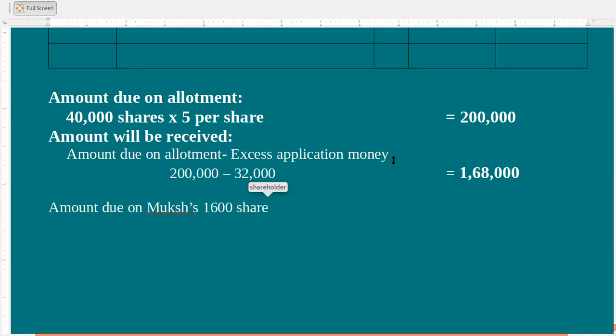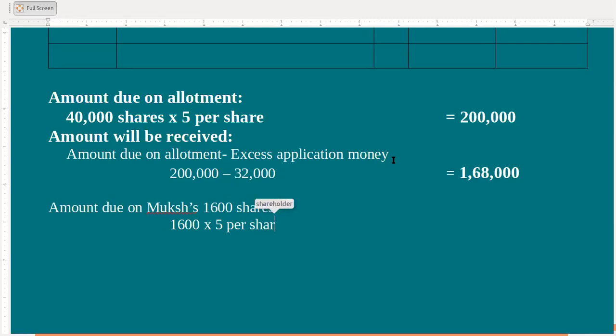What is the amount due on 1,600 shares? That is equal to 1,600 into rupees 5 per share.